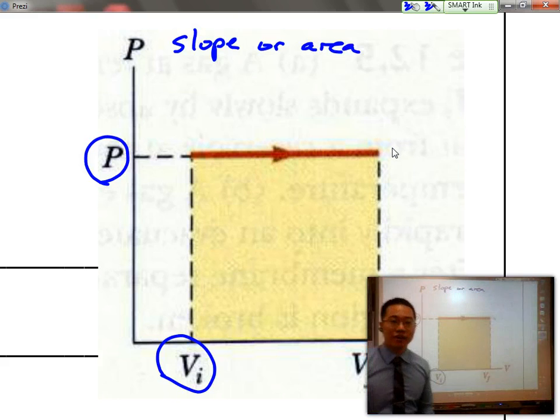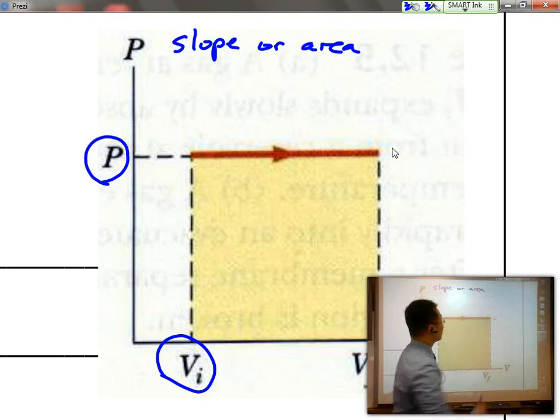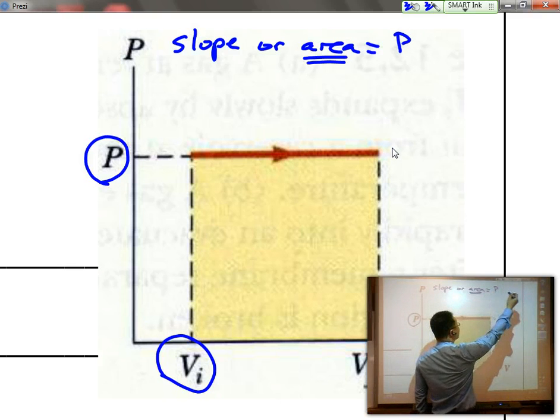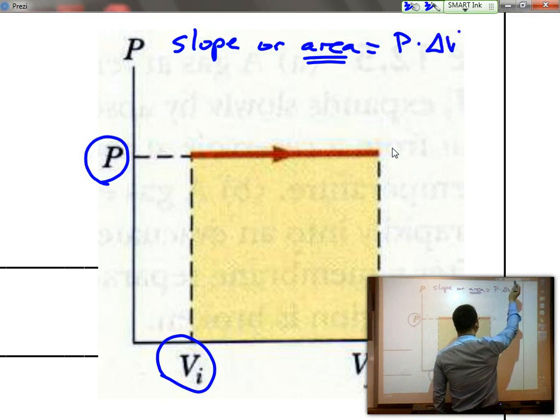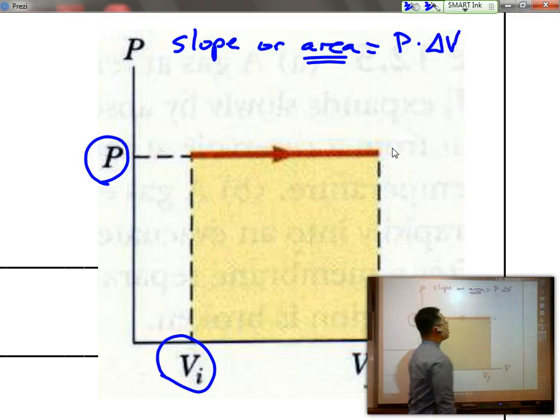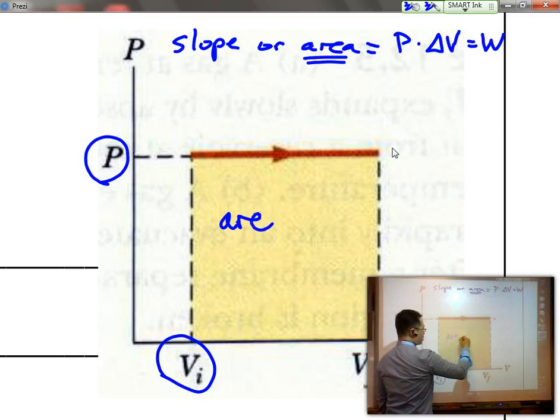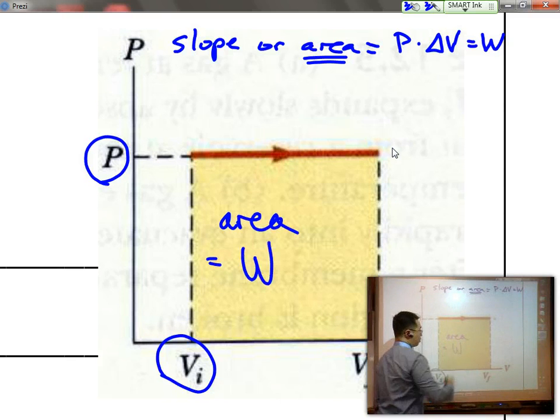In this case, area is going to be much more important because the area deals with the y-axis times the x-axis. So in other words, the area is equal to work. So this area over here is equal to work.